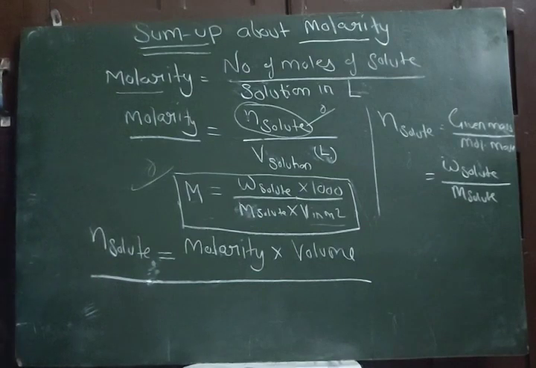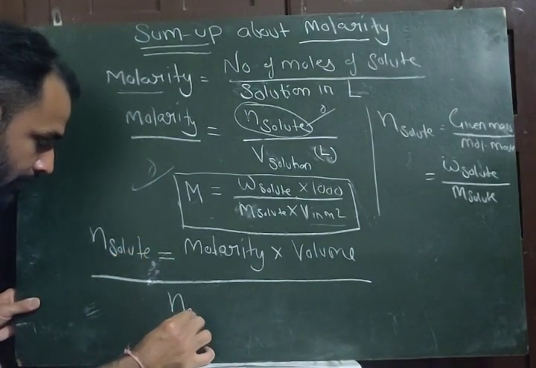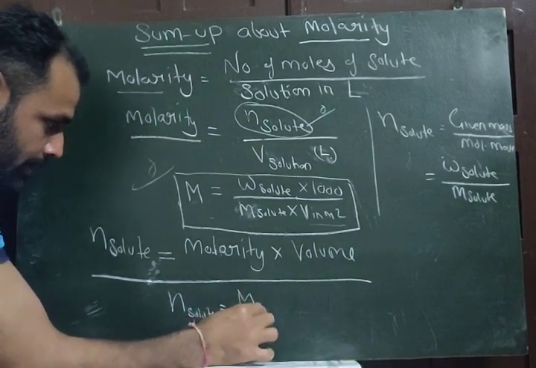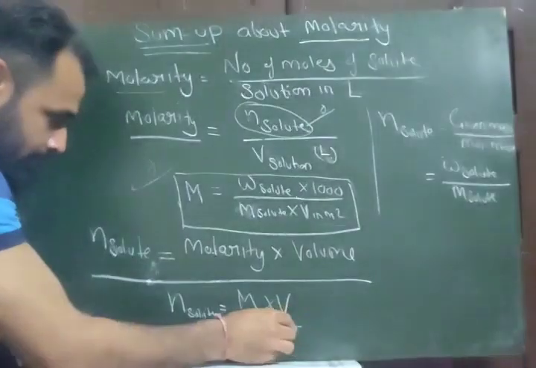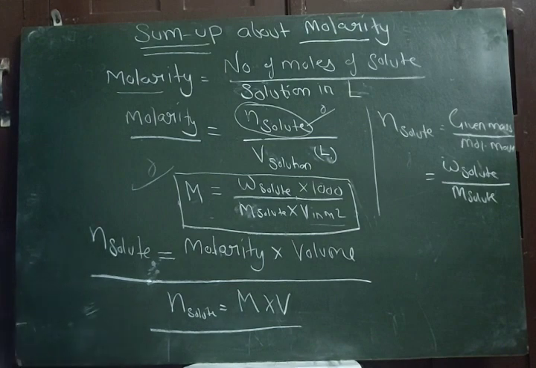So this particular abbreviation we will use like this: N of solute will be equal to M into V, molarity into volume. So here is another formula for calculation of the number of moles. Fine. So this is all about the molarity.